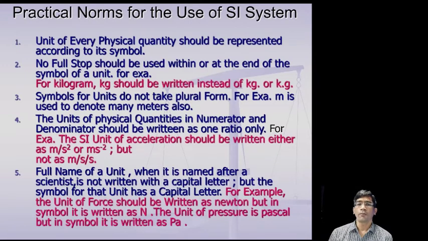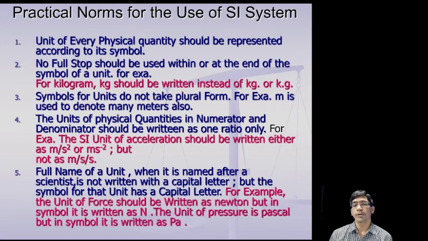Another point, no full stop should be used within or at the end of the symbol of the unit. For example, kilogram, the unit of mass, we write kg, but you cannot write kg dot or k dot g dot. No full stop is used while writing the unit. Third, symbols for units do not take plural form.